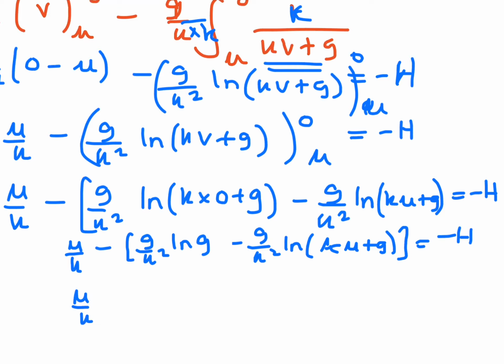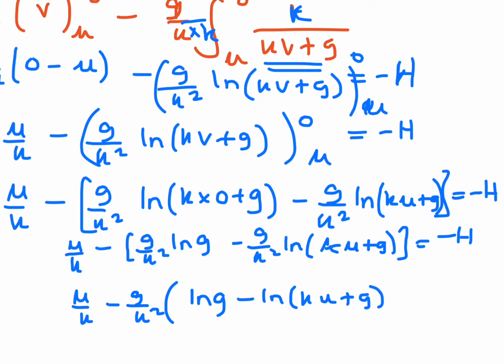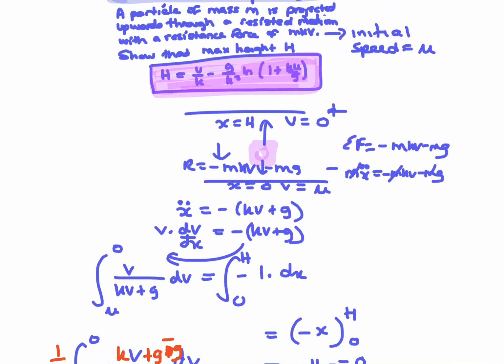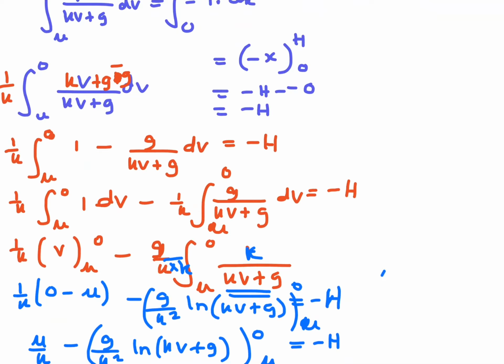Alright, so you've got mu on k minus g on k squared ln g. Now, I've got that minus there still, g on k squared, ln g minus ln k mu plus g equals minus h. Now let's have a look at what we're actually trying to get to, so go all the way back up. So it's mu on k, I've got that part, g on k squared ln 1 plus k mu on g.